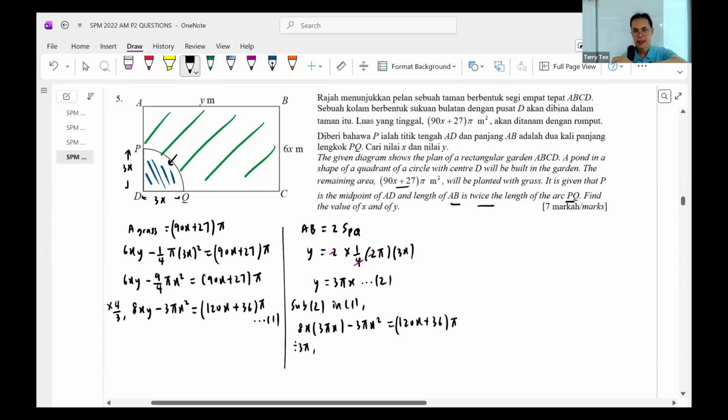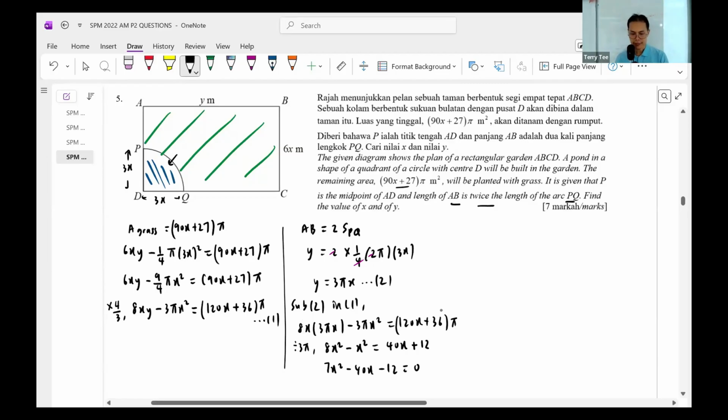This will give us 8x squared minus 1 more x squared. When you divide by pi, the pi cancels out. 120 divided by 3 is 40x, and 36 divided by 3 is 12. So 7x squared minus 40x minus 12 is equal to 0.